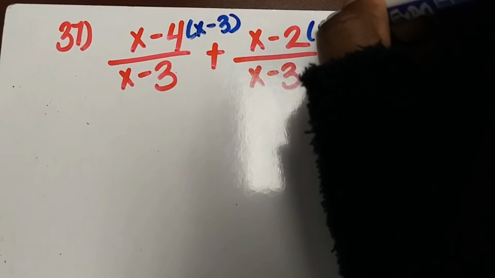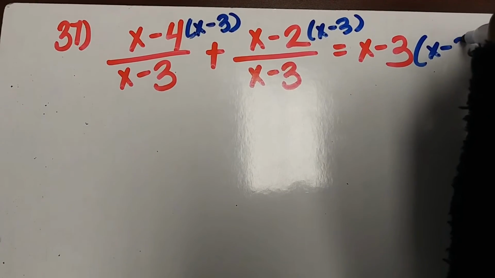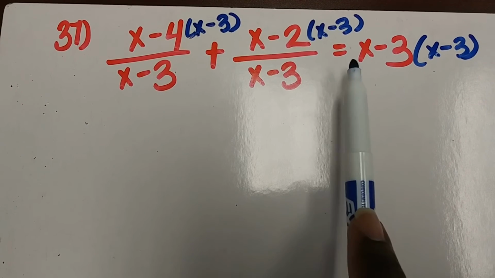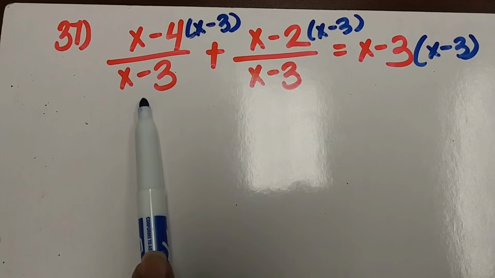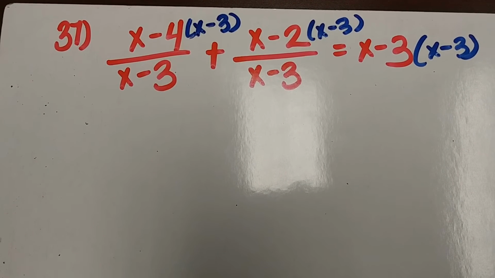I multiply by each part. The parts are separated by the plus sign and the equal sign. So this is one part, two parts, your third part. You have three parts. So each part I multiply by x minus 3. Cancel out.